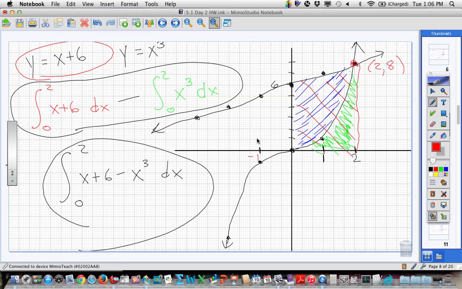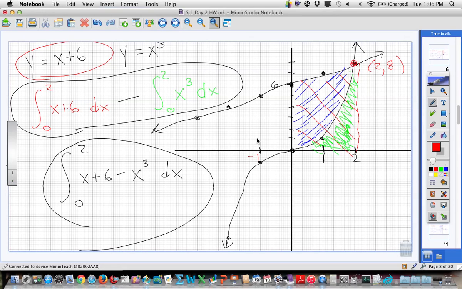For example, and this is what happened in that. If I'm standing here, and I go for a while this way, and I go for a while this way, and I end up right back where I started, what's my average velocity? 0. Because I had positive velocity and negative velocity, and the average of that, when I end up right back where I started, is going to be 0. But what about my average speed? It wouldn't be 0.